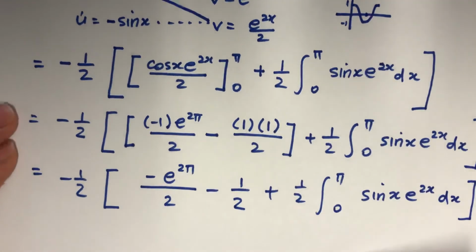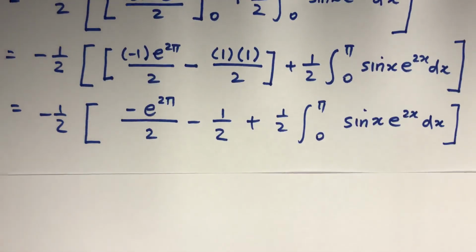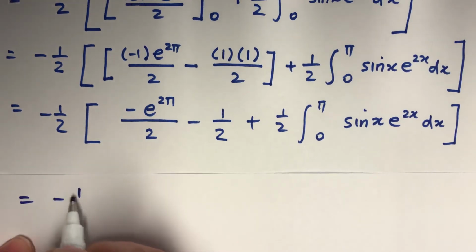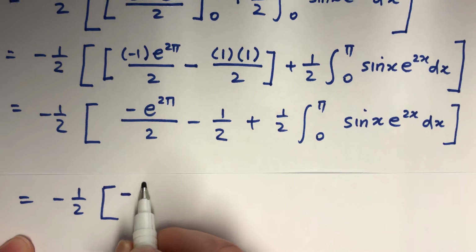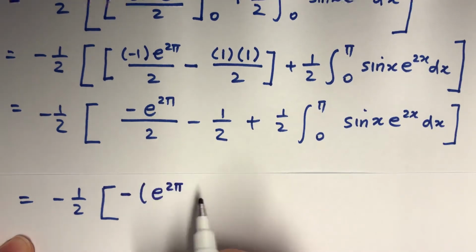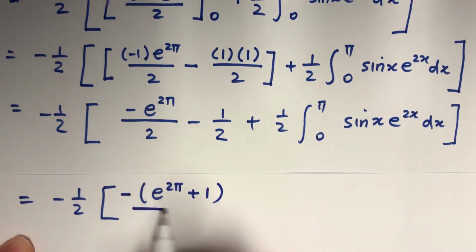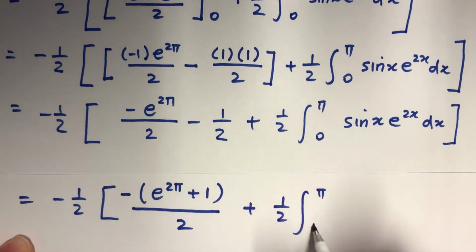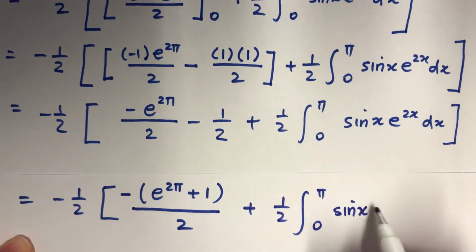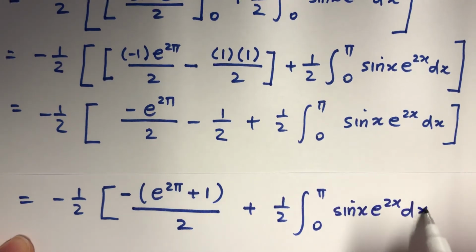Now what happens now? Let's tidy it up a little bit. I'm going to take the minus out: minus e to the 2 pi plus 1 over 2, plus half, integral from 0 to pi of sine x e to the power of 2x dx.